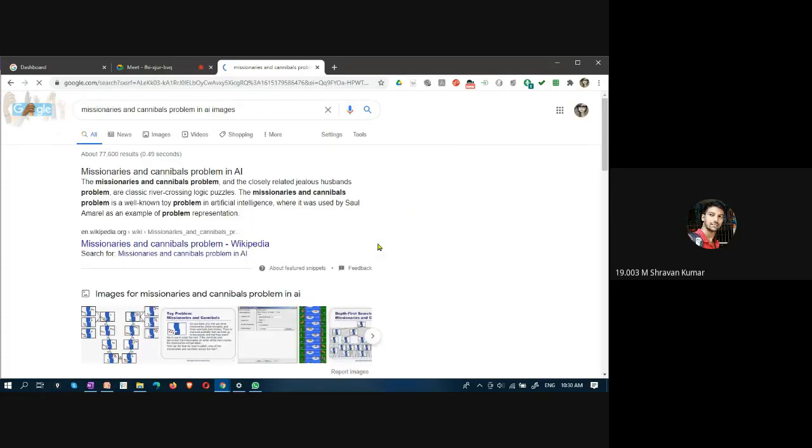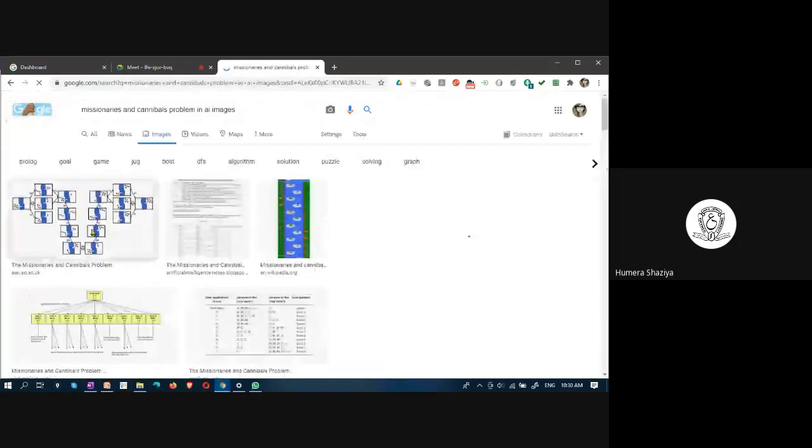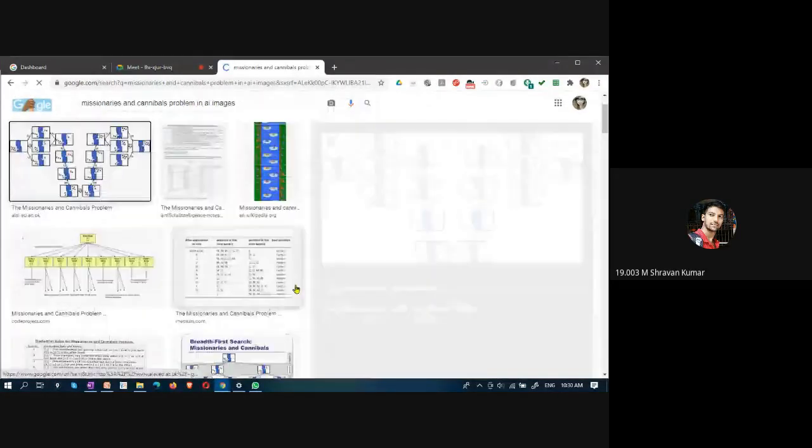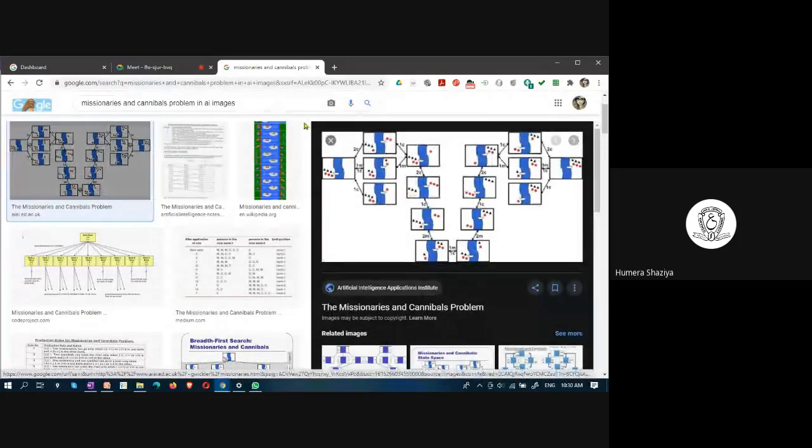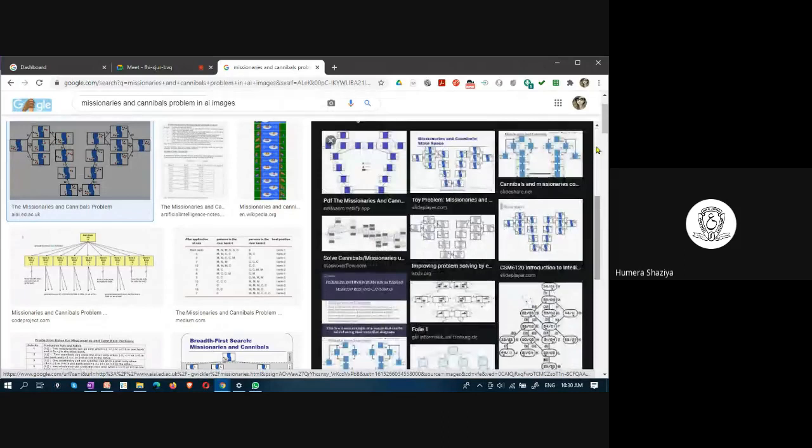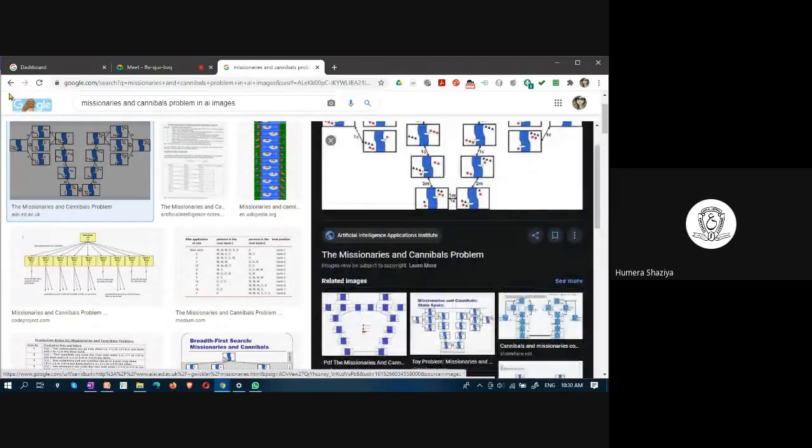As Harsha said, it is a river crossing problem on a boat, like the lion, sheep and grass river crossing problem. Lion and goats problem also, exactly. Okay, that problem.